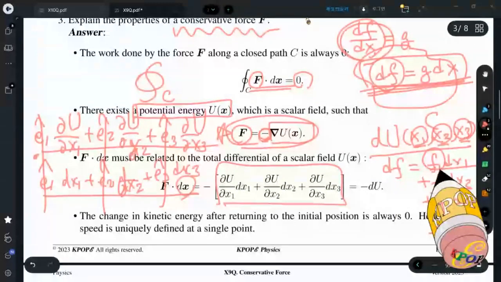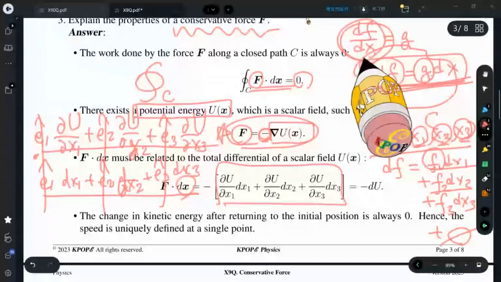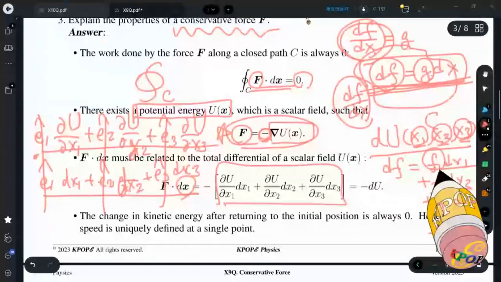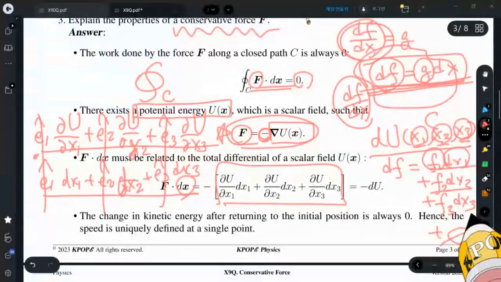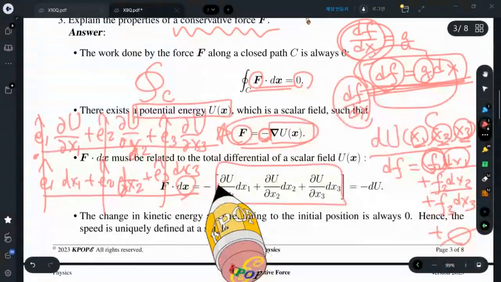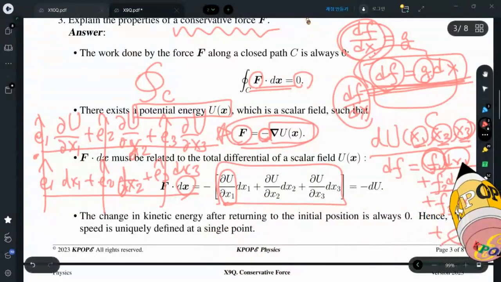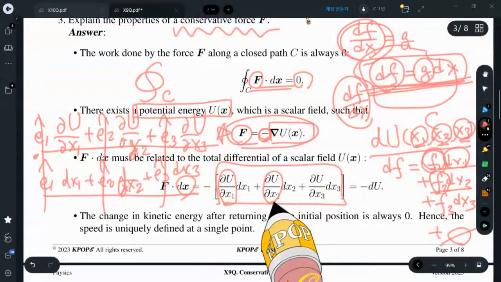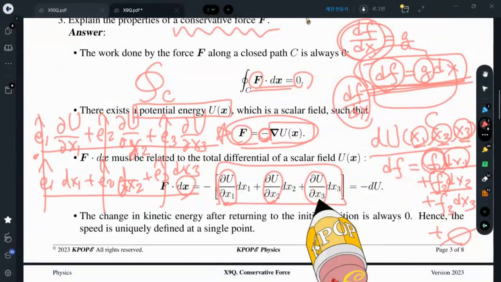In the one-dimensional case, that was just nothing but df over dx. However, we have to vary x1, x2, and x3 independently. Therefore, f1 is the partial derivative of f with respect to x1, then the partial derivative with respect to x2 and with respect to x3.